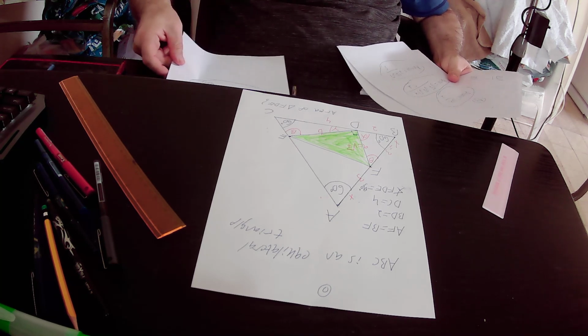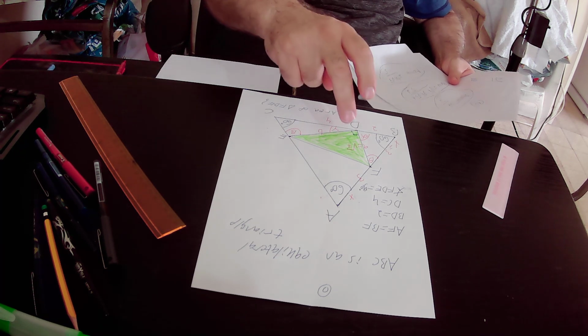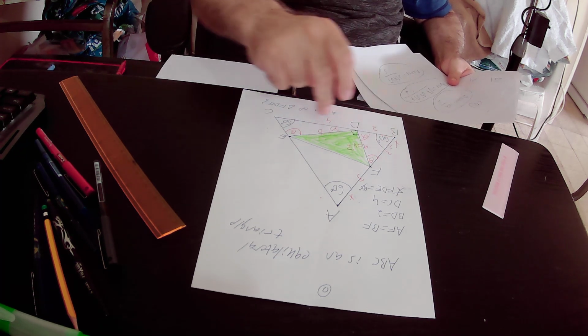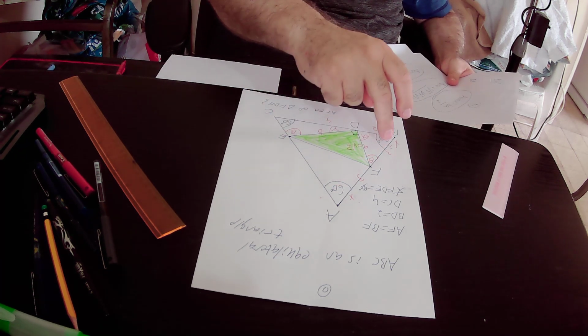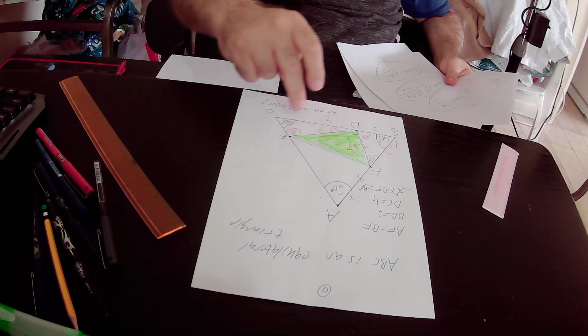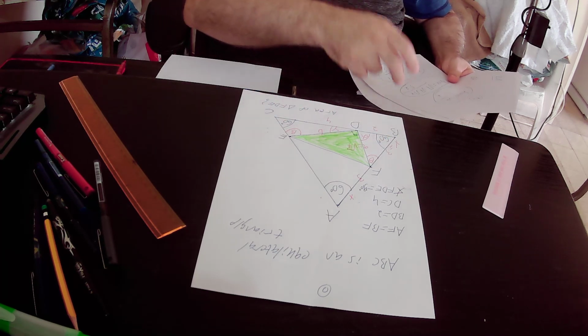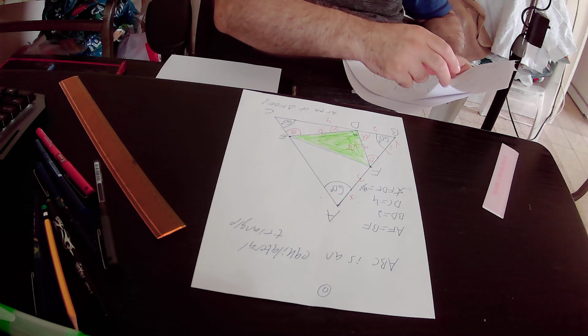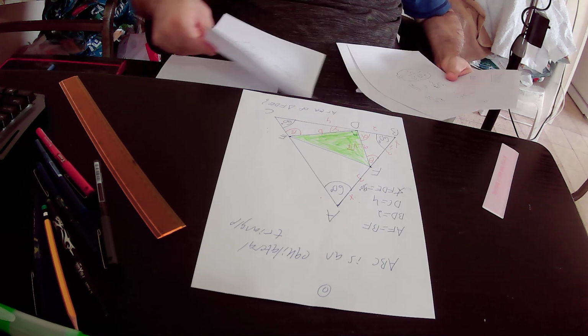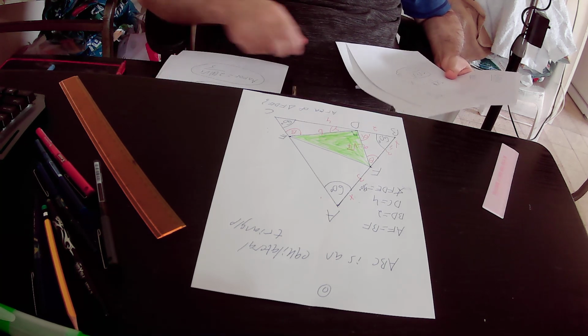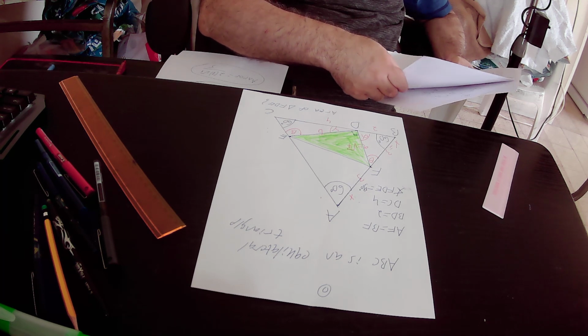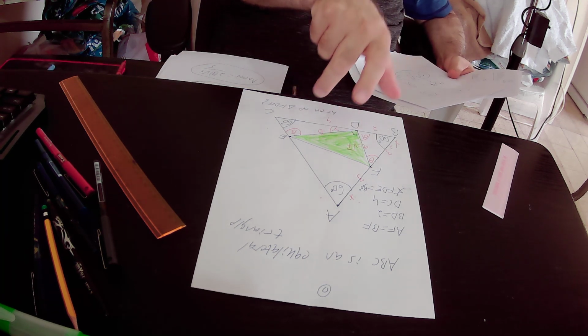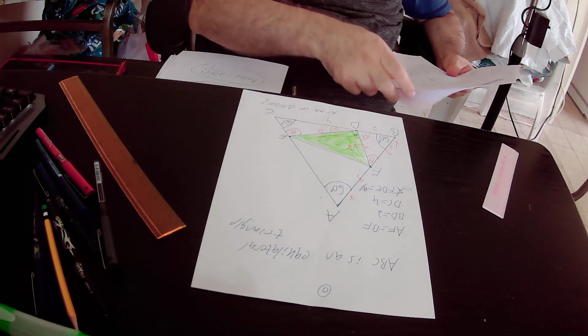In any equilateral triangle, all the angles are equal to 60 degrees. So this angle is 60 degrees, this angle is 60 degrees, and this angle is also 60 degrees. And all the sides in any equilateral triangle are equal to each other, so AB equals BC equals AC.